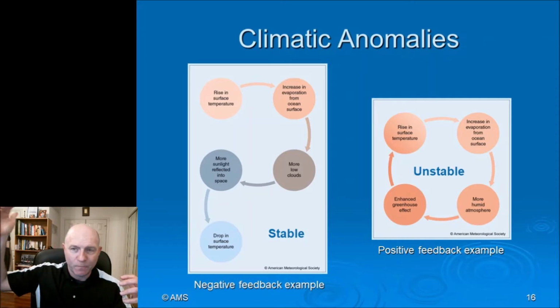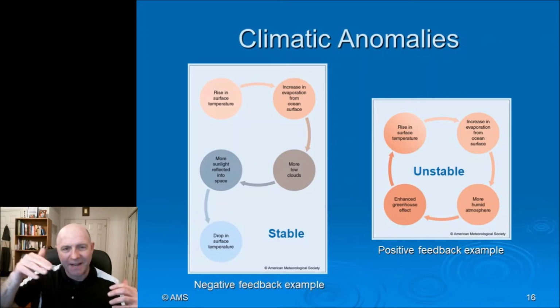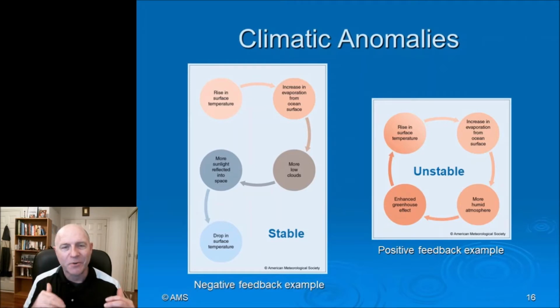But the sun reflects off the top of the clouds. So you're starting to decrease the amount of heat energy coming into the Earth's system. So then that will drop the surface temperature. So that kind of returns the system back to where it started. All right, the negative feedback is a stable equilibrium, if you will.